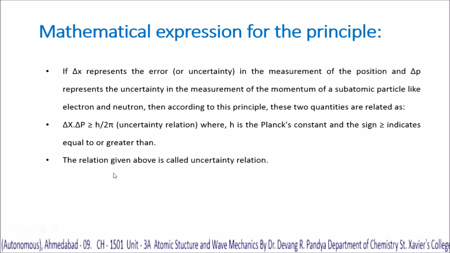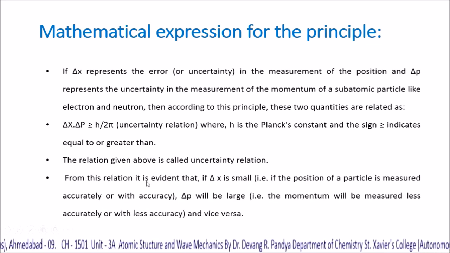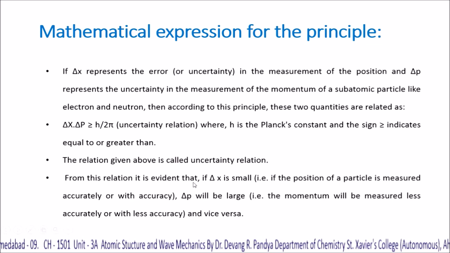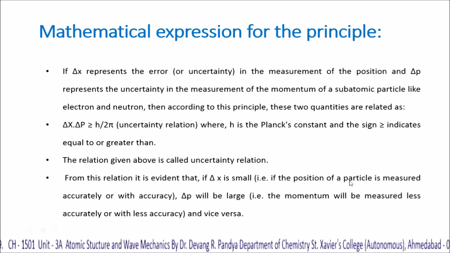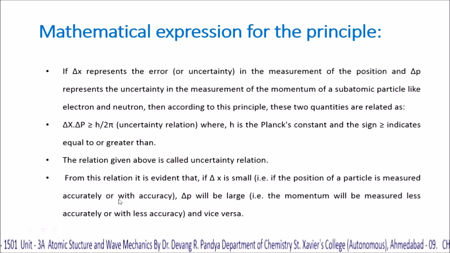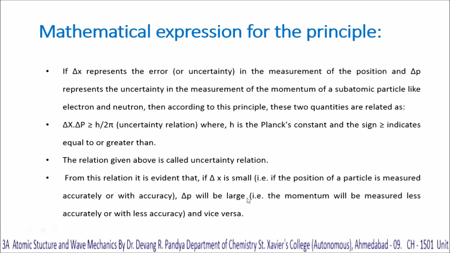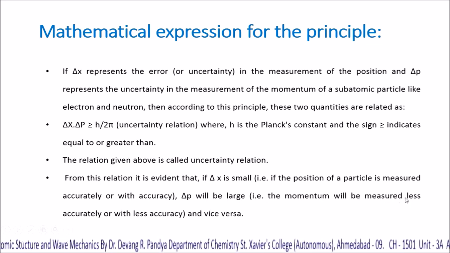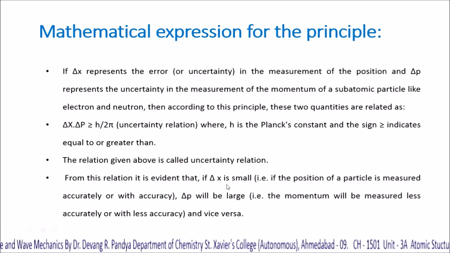The relation given above is called the uncertainty relation. From this relation, it is evident that if delta x is small, that means if the position of a particle is measured accurately, delta p will be large. The momentum will be measured less accurately, and vice versa.